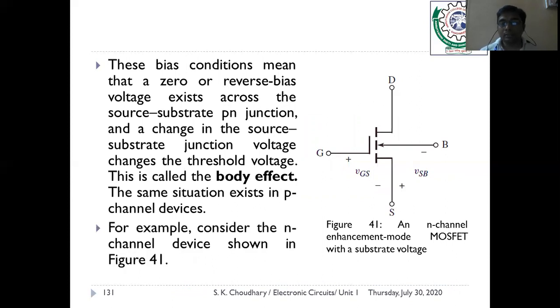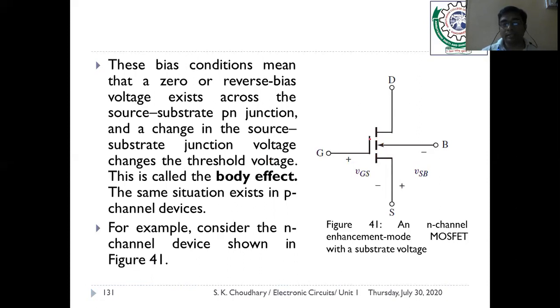And this is the symbol shown here for the n-channel device having the body effect. So what is the difference between this particular symbol and the previous symbol we referred to? Again, this is the enhancement type, because all three areas, drain, body and source, are isolated from each other, and the channel is not formed initially, so it is an enhancement type MOSFET.